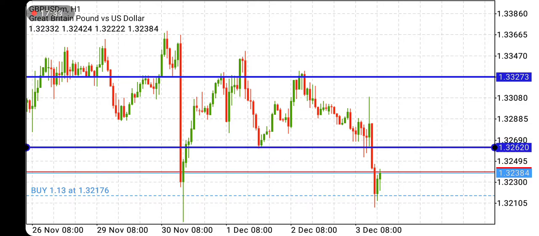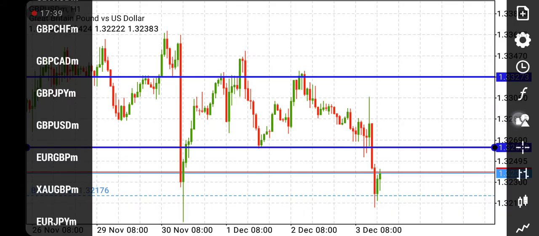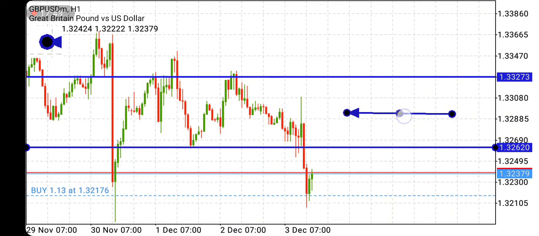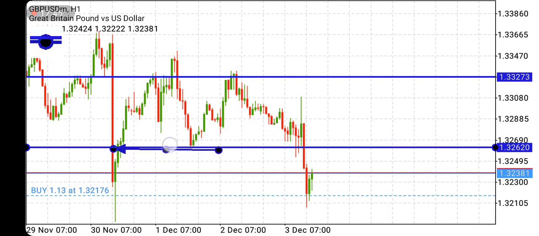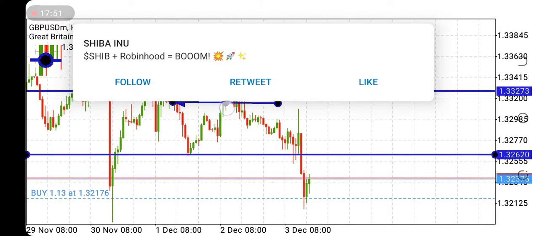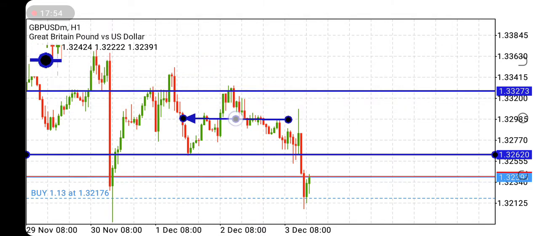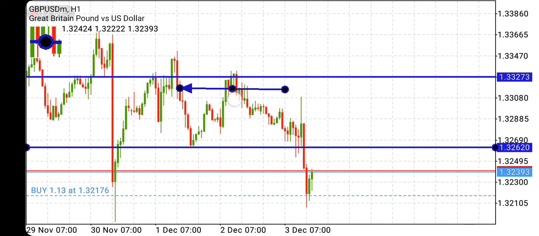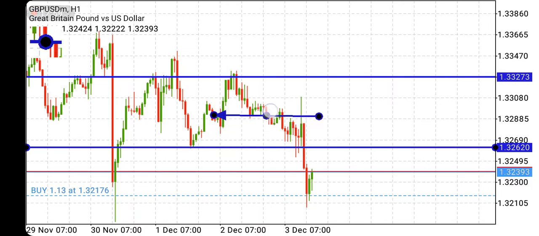Alright, okay. And then one important thing that I have come across is ranging markets. Okay, ranging markets, because we can see that the market goes up, hits this place, comes down, goes up, breaks through a little, comes down to hit this place, goes up.